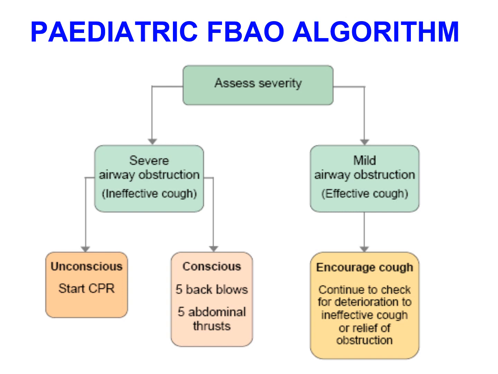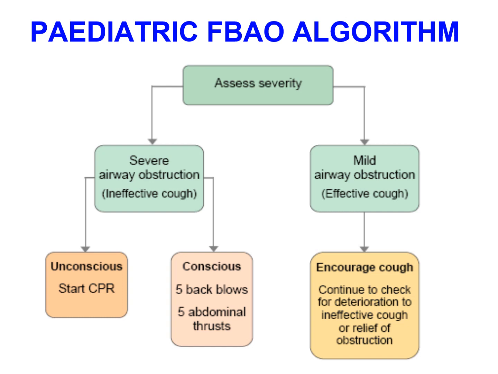If the child is unconscious, immediately start CPR. If the child is still conscious, give 5 back blows followed by 5 abdominal thrusts. Repeat the maneuvers until the child has successfully coughed out the foreign body.